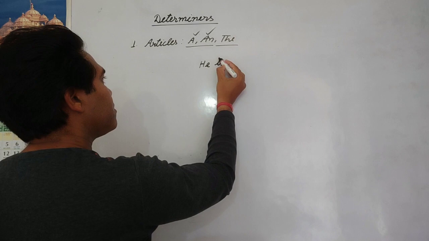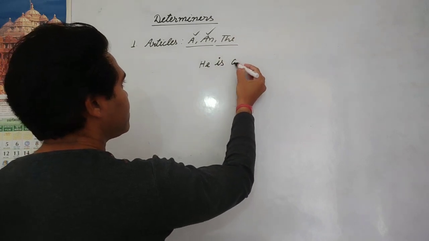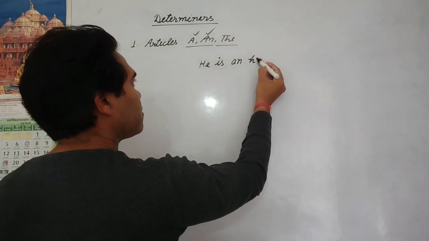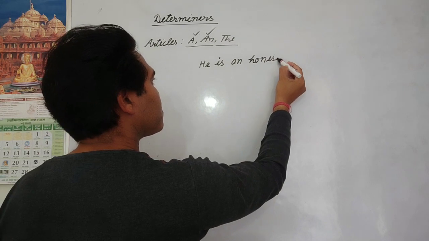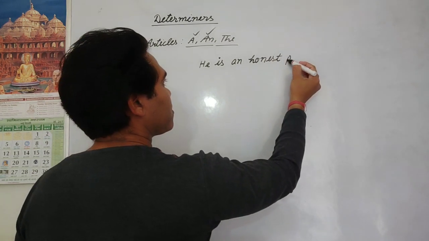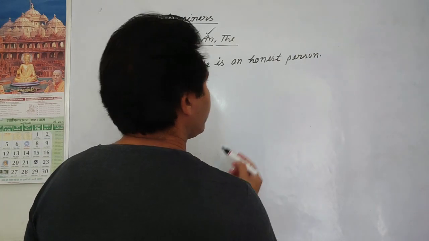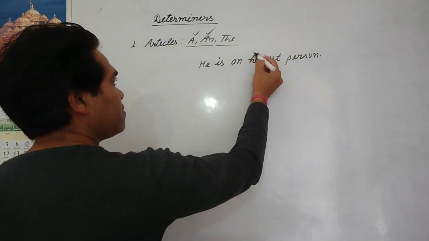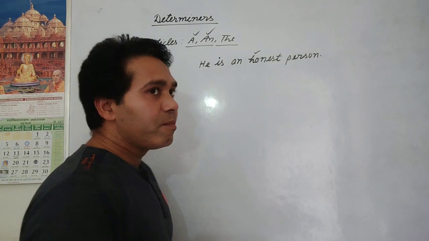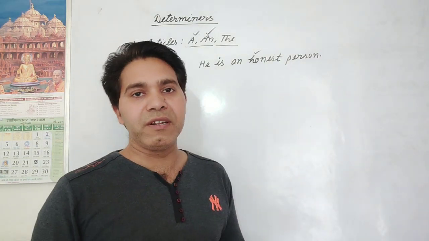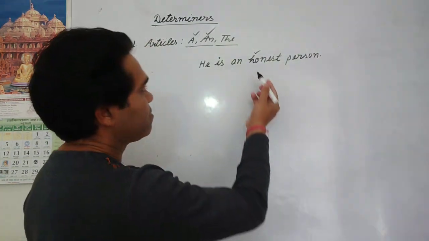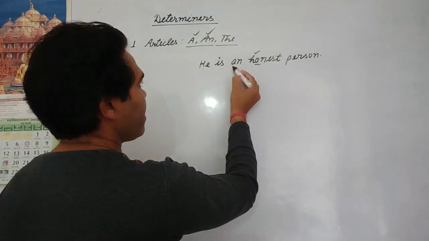Okay, see how? He is an honest person. Yes, now you can see here H is a consonant, but we get the sound of a vowel in honest, O. That's why an.